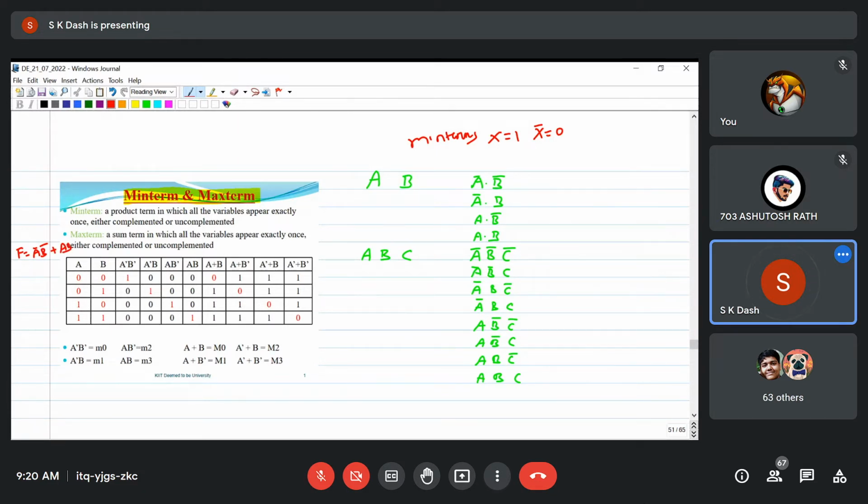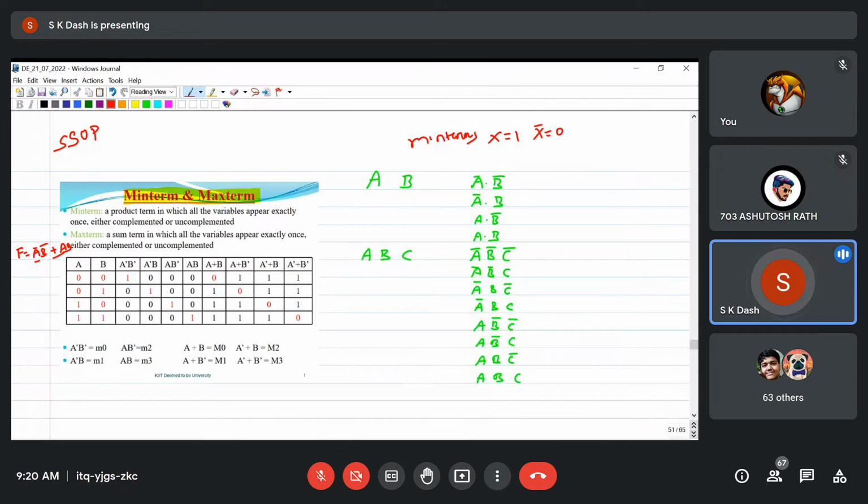Okay. Now what happens? Basically, when I am dealing with these product terms in standard SOP, what are we doing? We are adding these product terms. So when we do logical addition, what happens? What is the definition of an OR gate? When you are adding, what is the definition behind that?